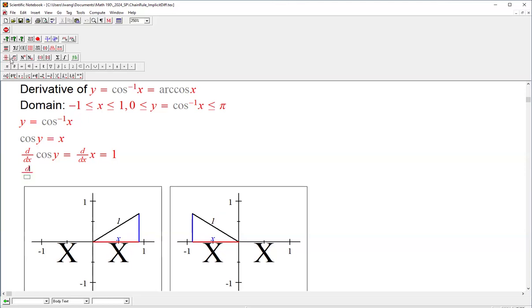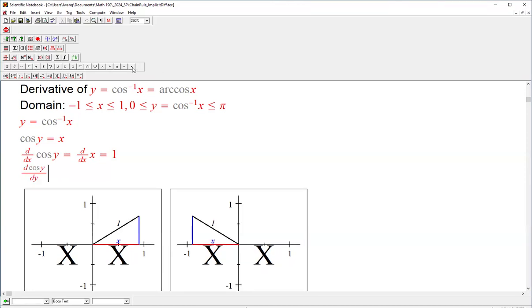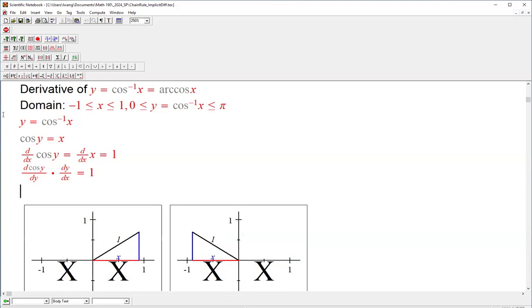On chain rule, we get the derivative of cosine y with respect to y, multiplied by dy dx. And the right-hand side equals 1. As we know, the derivative of cosine y with respect to y is negative sine y, and that multiplied by dy dx equals 1.